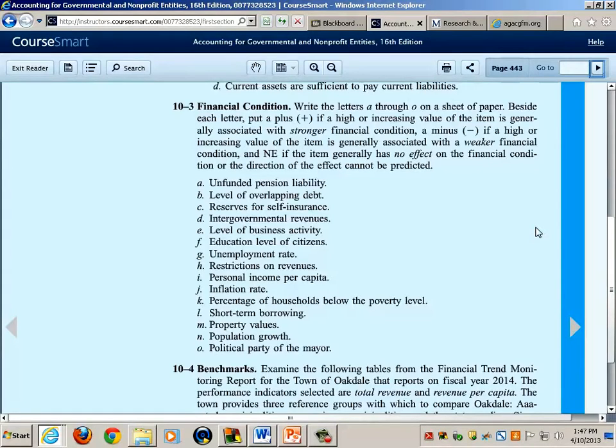So let's take a look at number one, unfunded pension liability. Plus, minus, or any? Minus. Right? Got it? Okay. Level of overlapping debt. We haven't looked at it, but what do you think? Debt is debt. Plus or minus or any? Minus. Reserve for self-insurance. Excellent. Intergovernmental revenues. Plus, minus, or any?